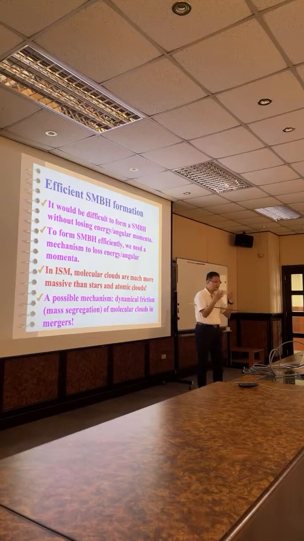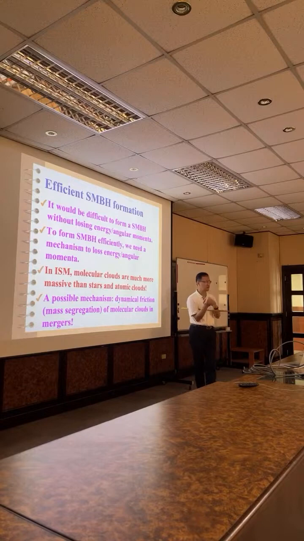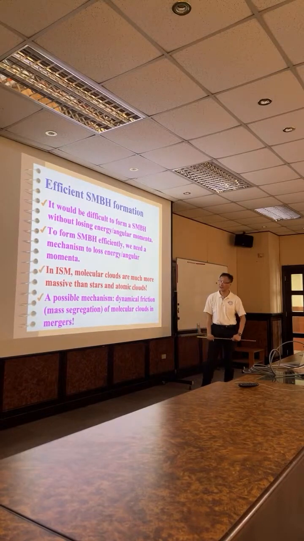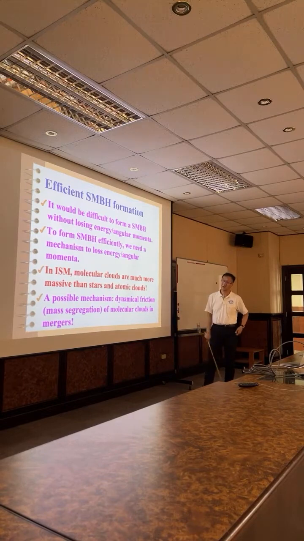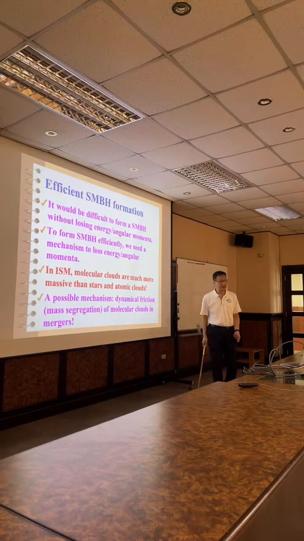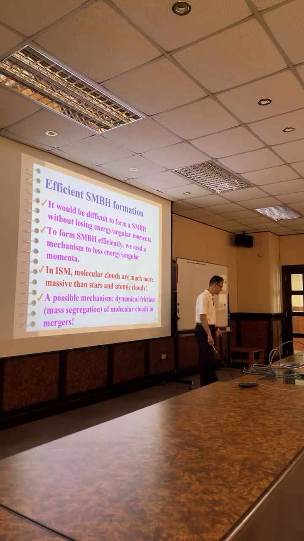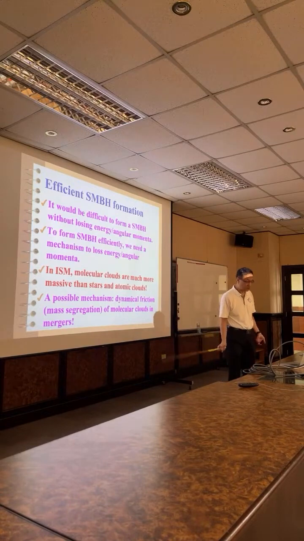So in order for the material to fall into the supermassive black hole, you need to lose your momentum and the energy, right? So that's the idea. How can we do that? In the center, we have a molecular cloud, which is much more massive, and then the stars.